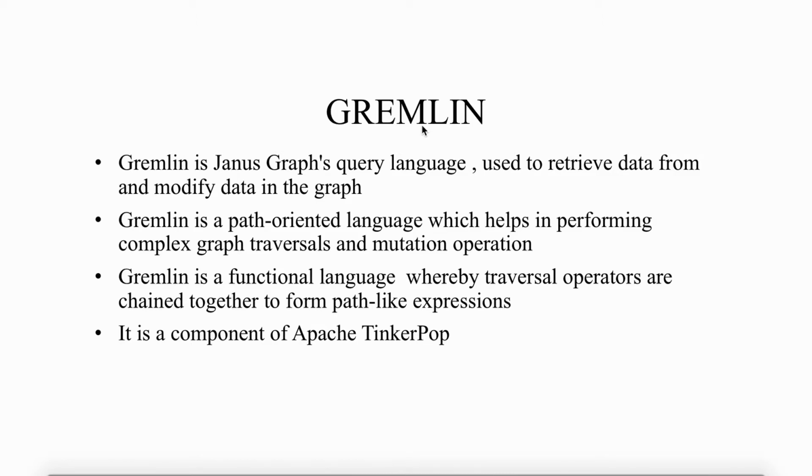So what is Gremlin? We already spoke about Gremlin, but let me give some more intro. Gremlin is a JanusGraph query language used to retrieve data from a graph which has large data sets, and also to modify the data in the graph.